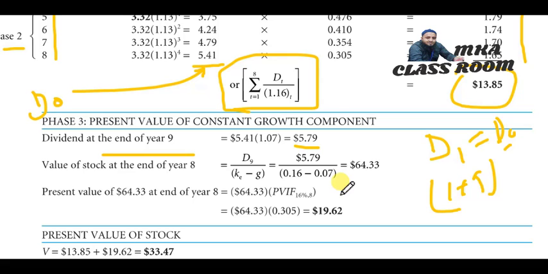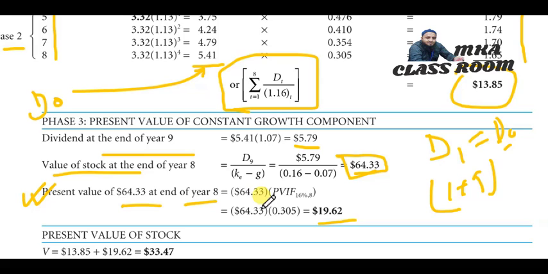So if we put down the values, our required rate of return is 16%, constant growth rate is 7%, our d1 is 5.79, then our value is 64.33. So it is clear that the present value of this stock is 64.33 at the end of year 8. So that is 19.62. That is very clear.